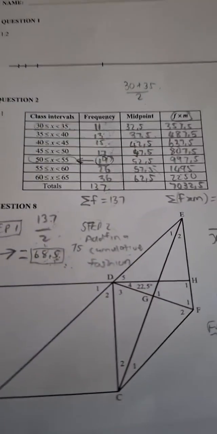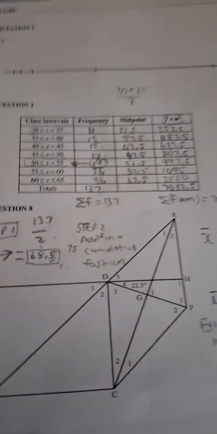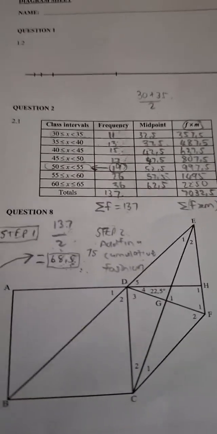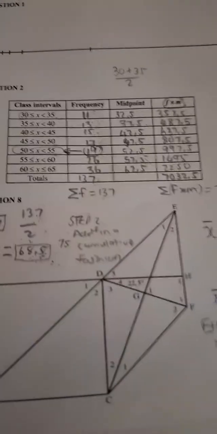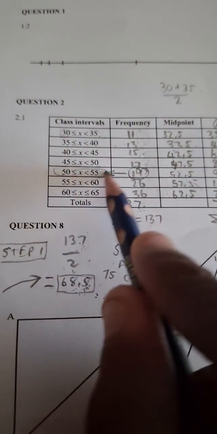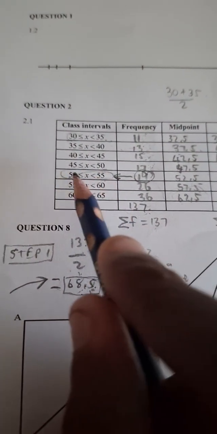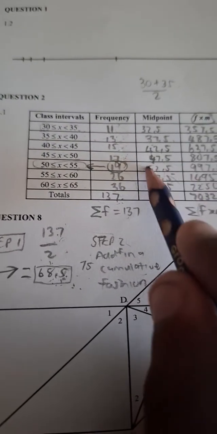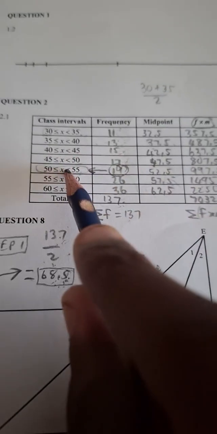And in the event my grade 10s, they ask you for the estimated median. You see, I'm not saying the median, but if they ask you for the estimated median, do you know what you can do? You will go to that interval where the median lies. You will add the values and divide by 2. So in other words, you get the midpoint of that class interval where the median lies.